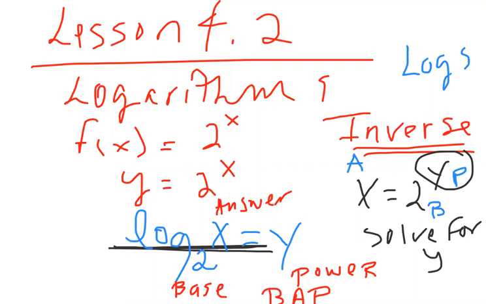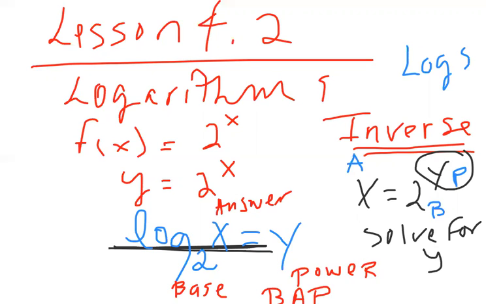BAP the log. Base, answer, power. This helps you to remember where each portion is placed when you are rewriting these problems in log form or in exponential form. Yeah. So hopefully the acronym helps out somebody, guys, okay?